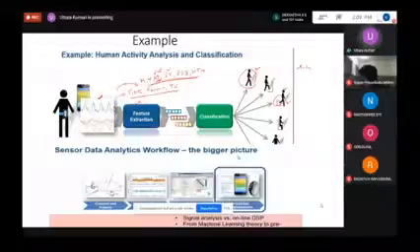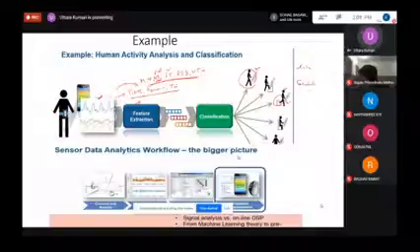The same example can be used for gesture recognition, or face recognition, or any of these simple cases.